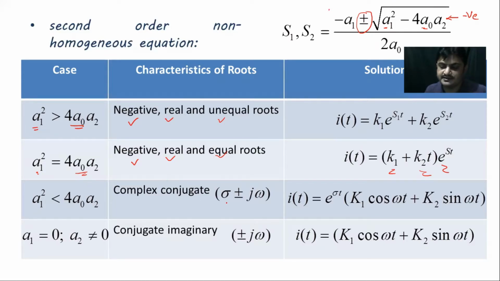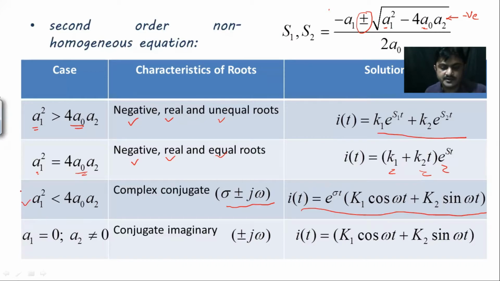So you can say that ultimately this is sigma plus or minus j omega form. Okay, so if you put the values of sigma plus or minus j omega in this particular equation, so you will get e raised to sigma t constant, okay, and e raised to j omega t. If you expand your exponential function, that is cos omega t plus j sin omega t, finally your answer could turn out to be in this particular form. So this is the third possibility that also exists.